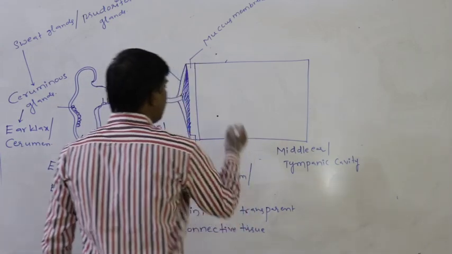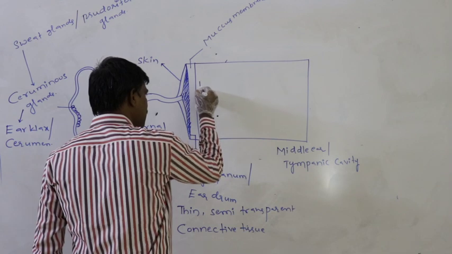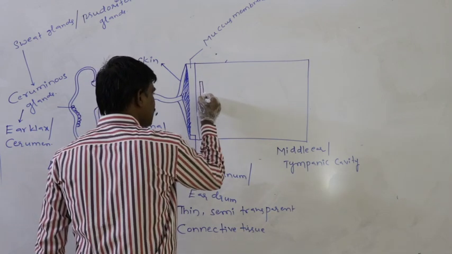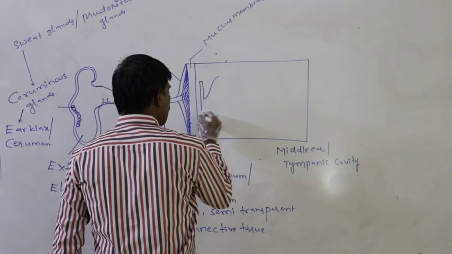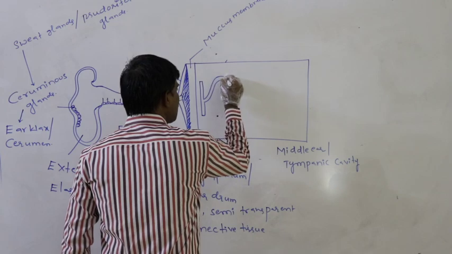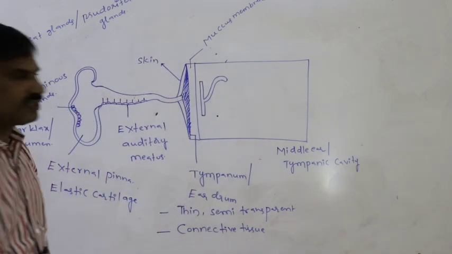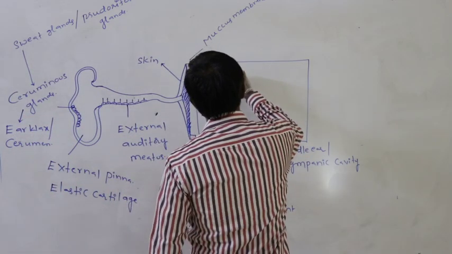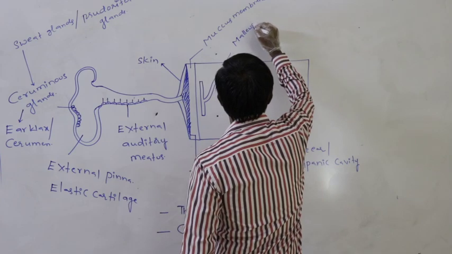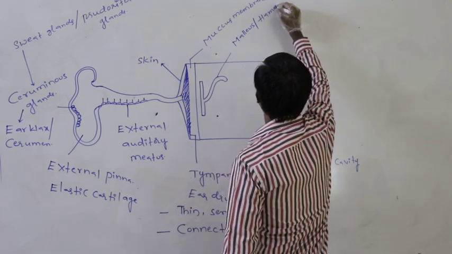Again, in the middle ear, ear ossicles are present. Of that, this is said to be the first ear ossicle, the largest ear ossicle, the malleus or hammer bone.